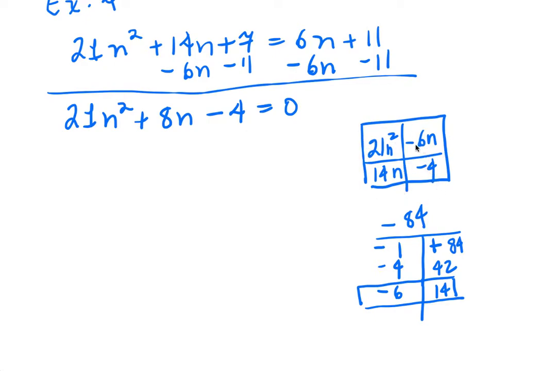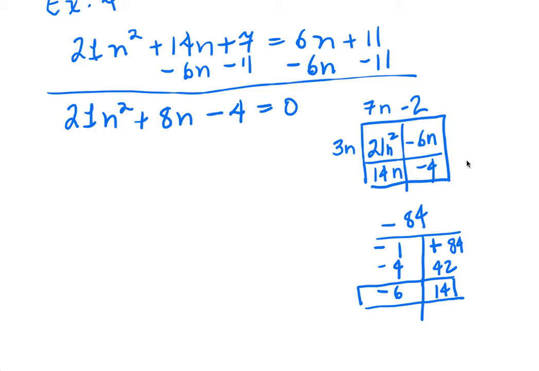So what's the GCF between negative 6n and negative 4? Well, it looks like it's going to be a positive 2, and then it's touching this box, so it's going to be negative. Between 21n squared and 14n, well, 7n goes into both of those. Sideways, between 21n squared and 6n, 3n goes into both of those.